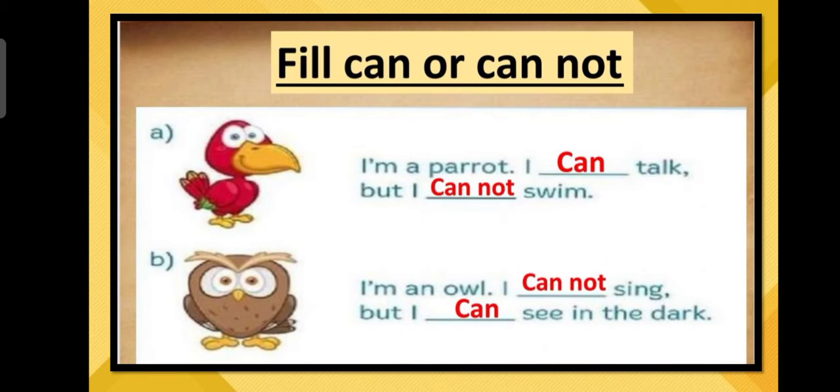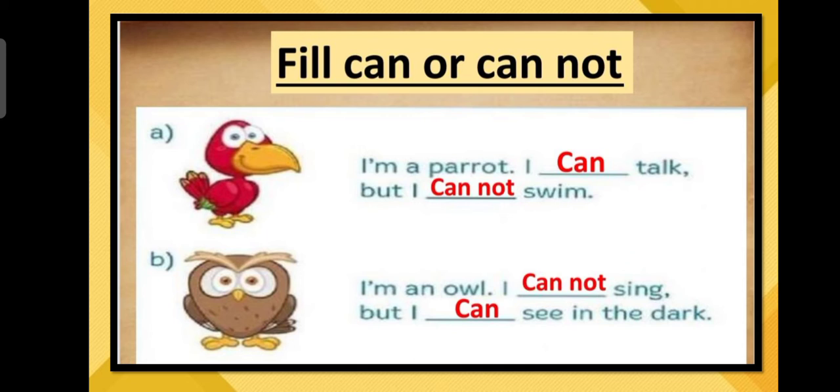Next, fill can or cannot. So, children, as we told you, can is showing possibility. It means when someone is able to do something, then we use can.